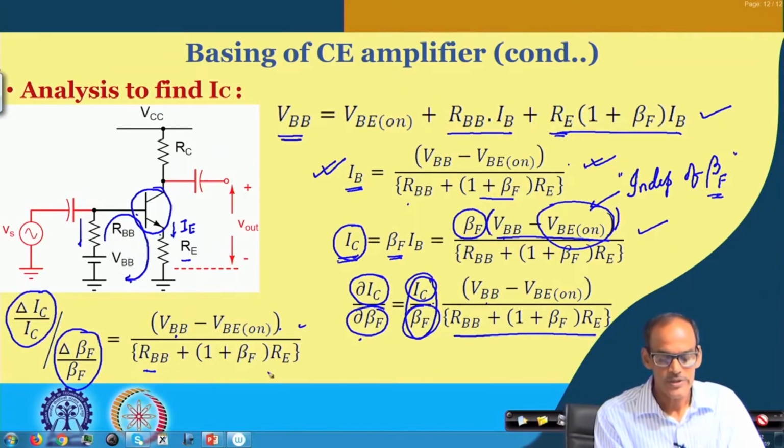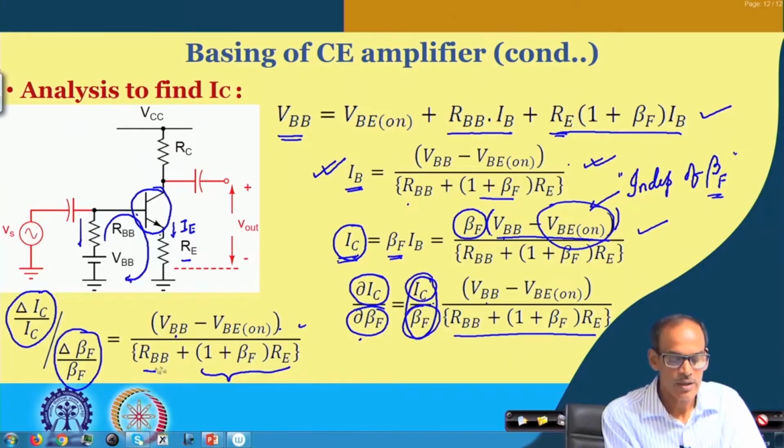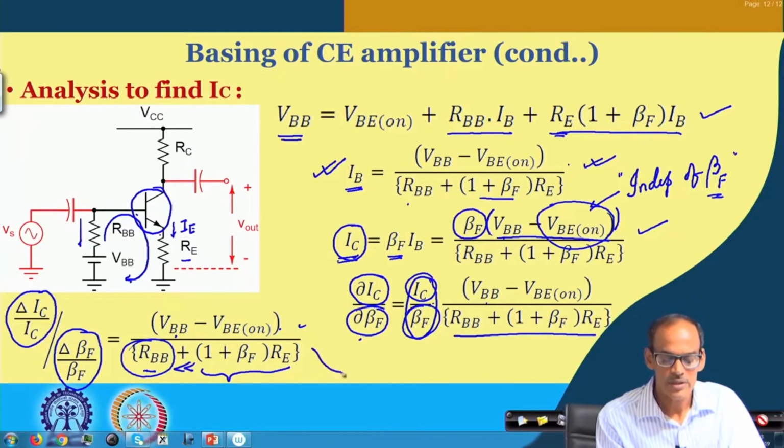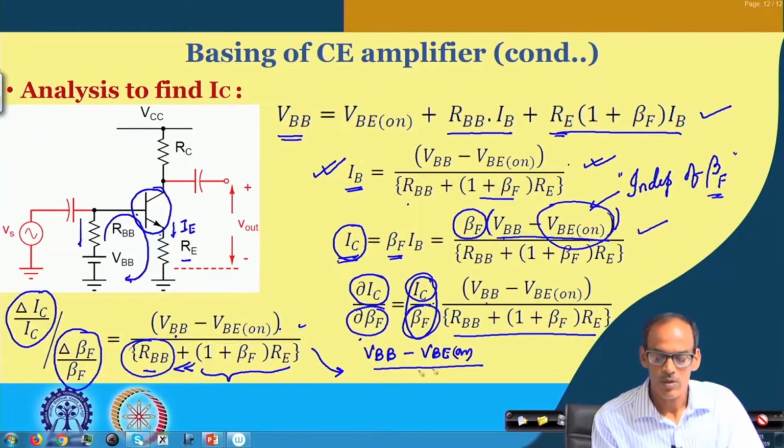So, if we assume that this part is much higher than this part, that is, RBB is much smaller, then this is VBB minus VBE on, divided by 1 plus beta into RE.